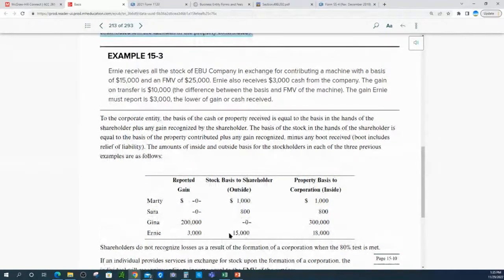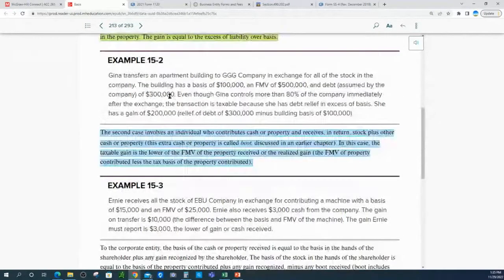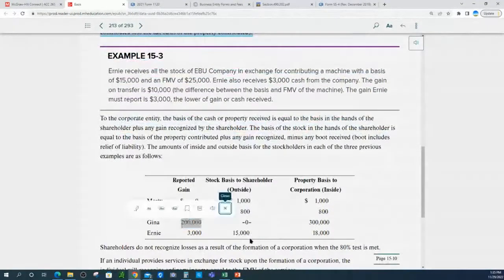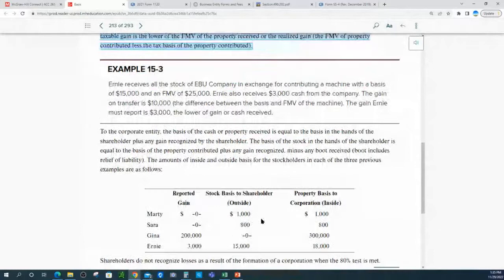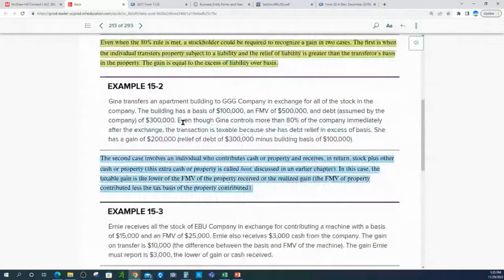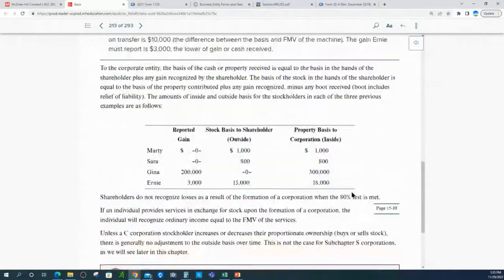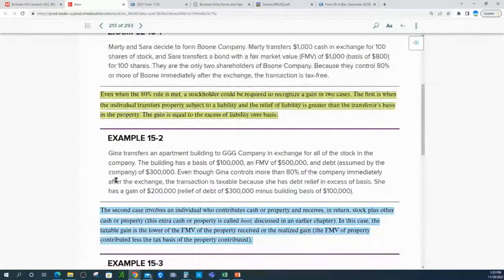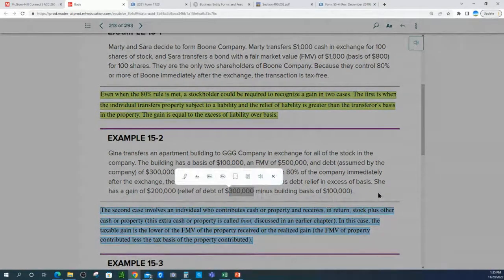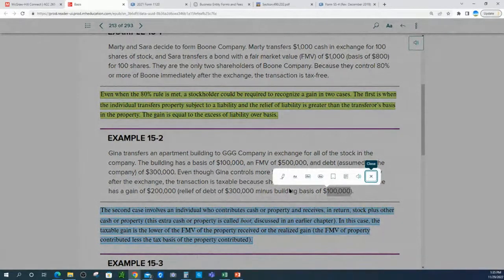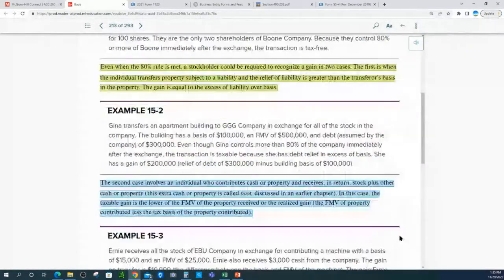For Gina, her reported gain, remember, is $200,000 here. Now her basis in that stock is actually going to be 0. Let's revisit her for a second. Because she's being relieved of that 300,000, it's going to be greater than the basis of 100,000. It would be 100,000, but we're subtracting that 300,000 from it.